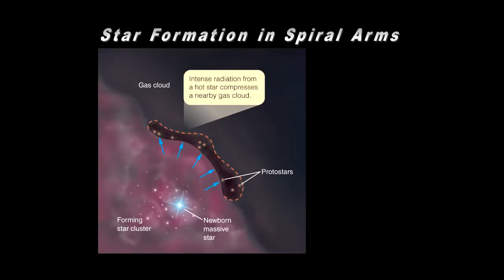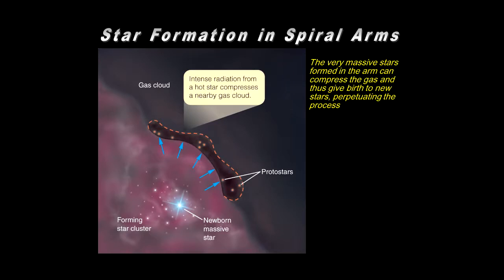So just to make it clear, this star formation process in the arms is perpetuated by new massive stars that are compressing the gas and dust and initiating the Jeans instability, producing protostars, which then become their own massive stars that produce stars in their wake as well.